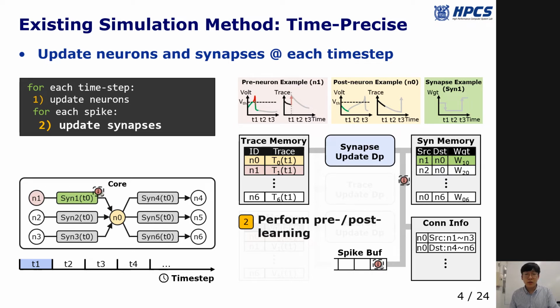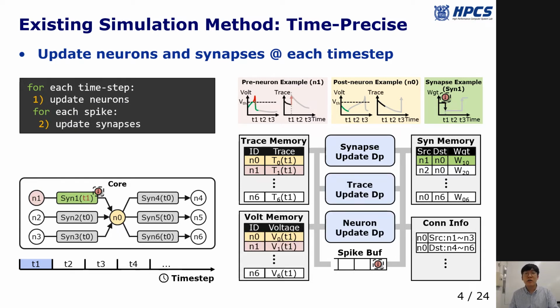To do so, it iterates over the spike buffer, and it performs pre- and post-learning for each spike using the traces of the connected neurons. Therefore, synapse 1 is updated due to the spike using the trace 0 and trace 1. After the two stages, the simulator moves on to the next time step.